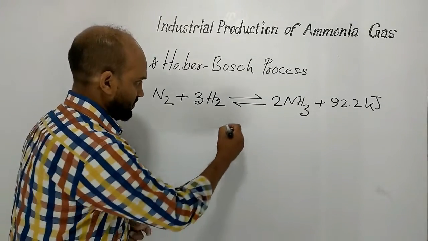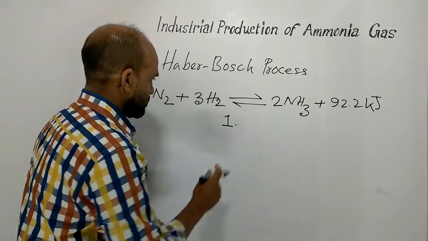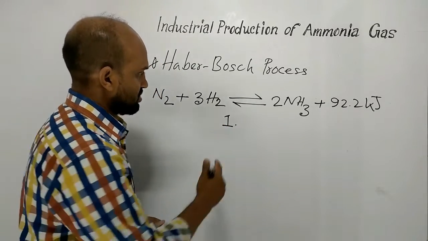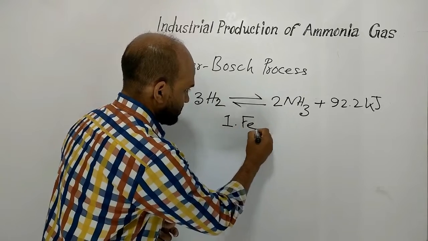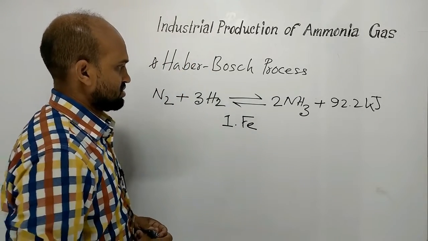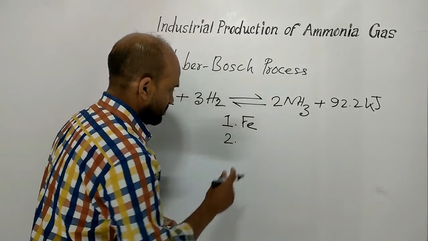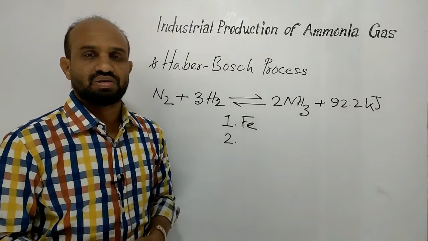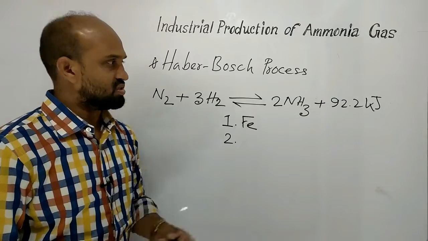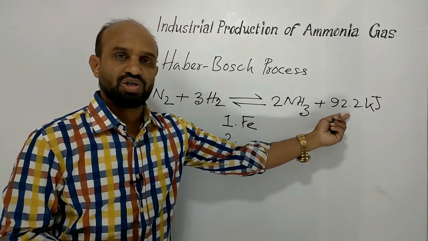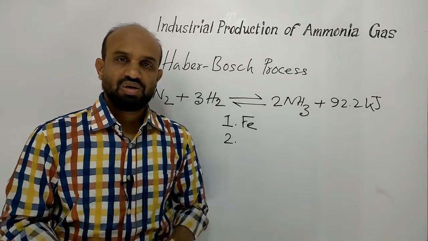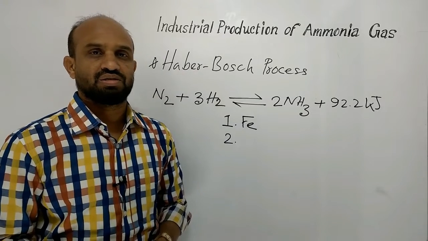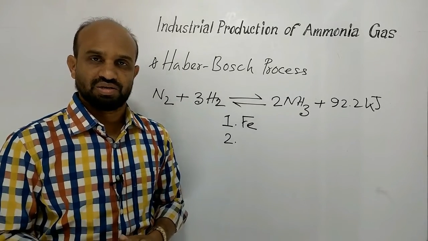That is, to get maximum product, iron is used as catalyst. Number 2, the forward reaction is exothermic. That means the reaction produces heat. So removal of heat is congenial for the reaction.